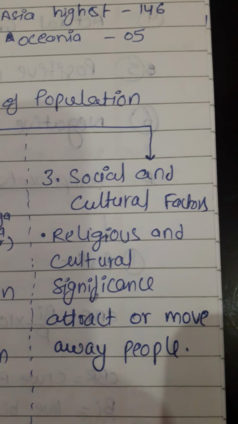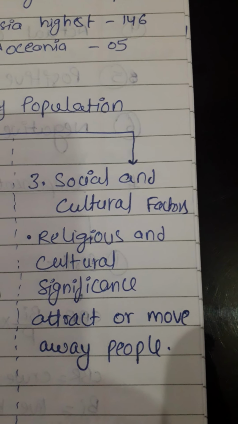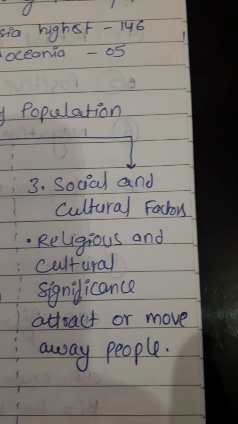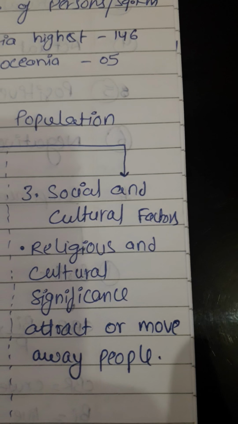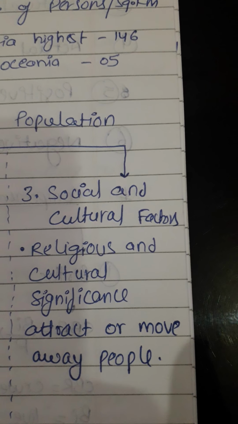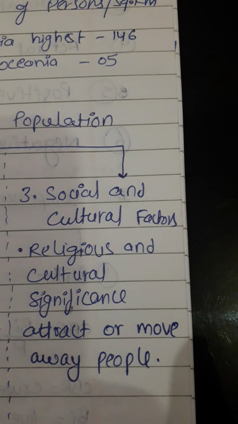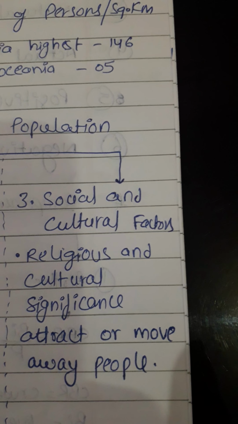The third point is social and cultural factors. Social and cultural factors are basically the religious and cultural significance of that area. Suppose Varanasi. Varanasi has a religious and cultural significance in our Hindu religion, and so do Allahabad and Prayagraj.